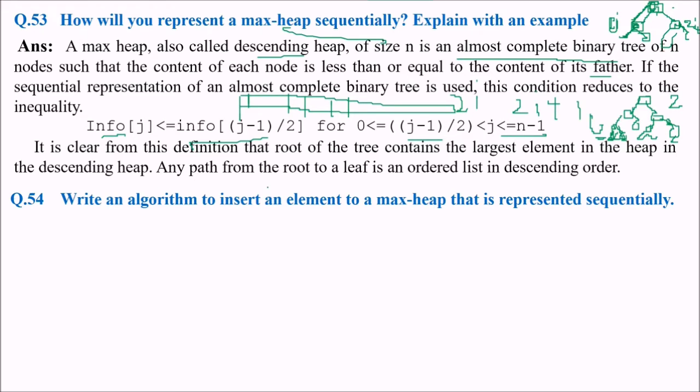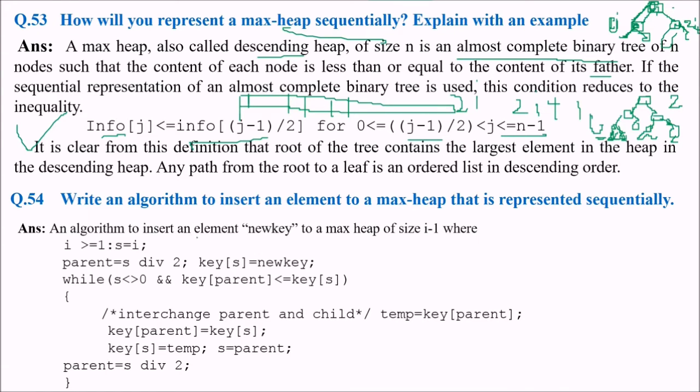Write an algorithm to insert an element into a max heap that is represented sequentially. This is just an addition to this question. So this is a new key. We want to insert a new key into a max heap, say of size i minus 1. So in this, we would try to find S div 2. If we are at this node, I told you that the two children can be found by 2i and 2i plus 1 in the array.